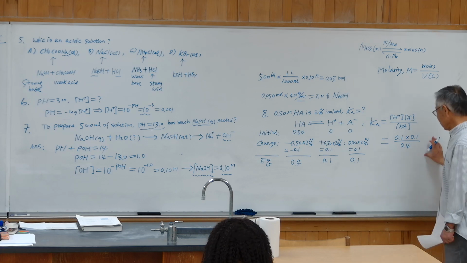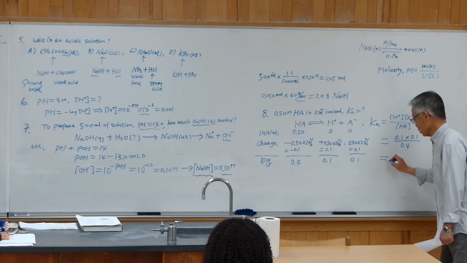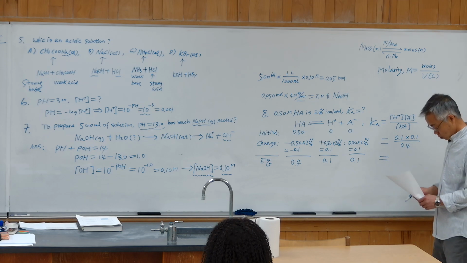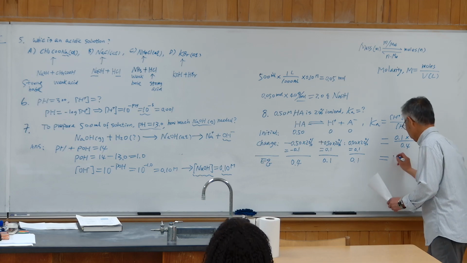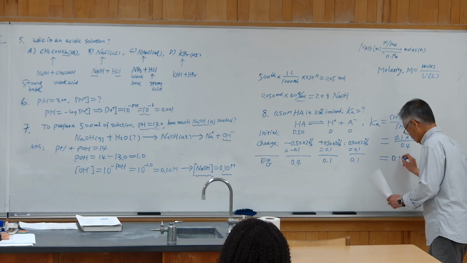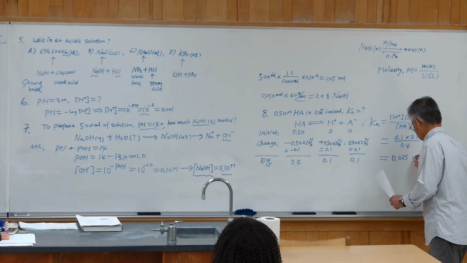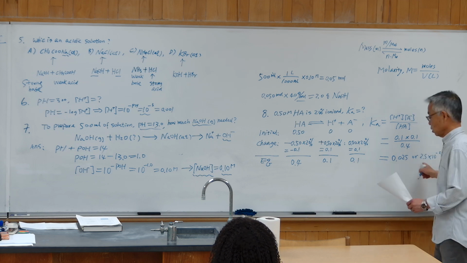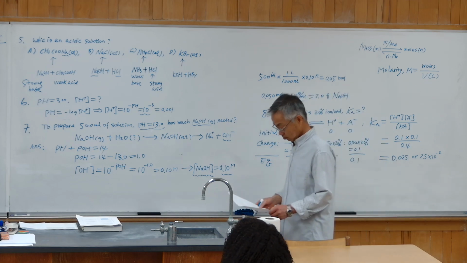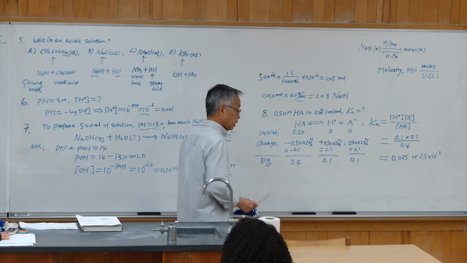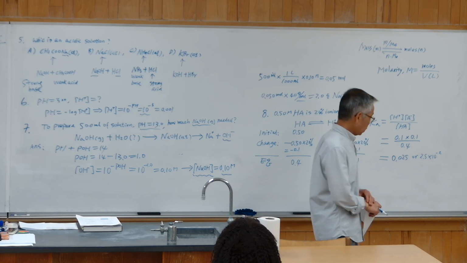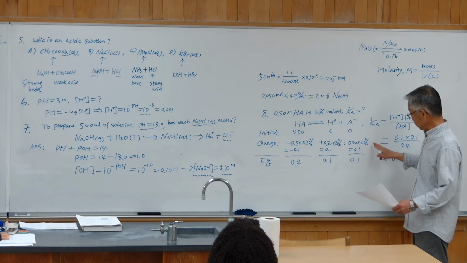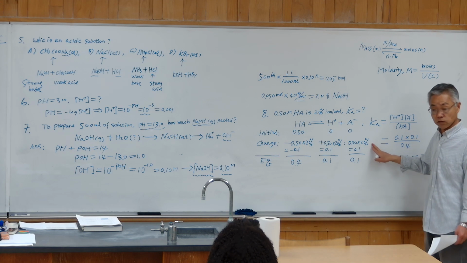If you get here, even if your final answer is not correct, you get most of the points. The final answer is 0.025, or 2.5 times 10 to the negative 2, either one. Again, this is step by step, showing work. If you list this, I give you 0.5. If you list this, I give you 1.5.